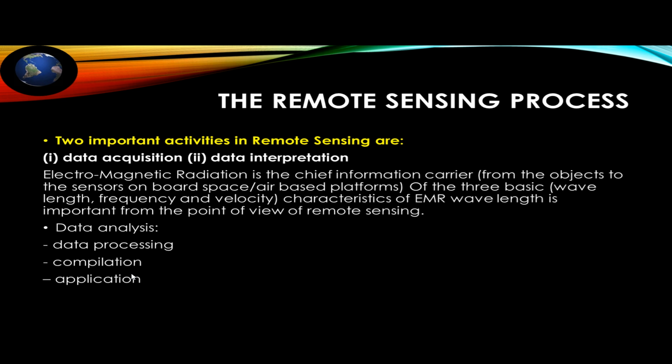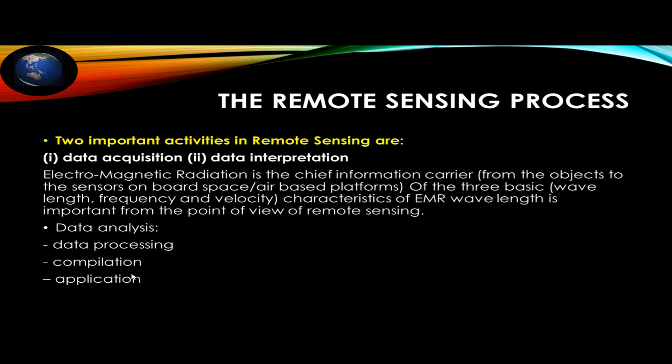So the electromagnetic radiation is the chief information carrier from the object to the sensor on board space or air based platforms, with three basic characteristics: wavelength, frequency and velocity, because every earth feature has a different wavelength, different velocity and frequency of electromagnetic radiation reflectance.